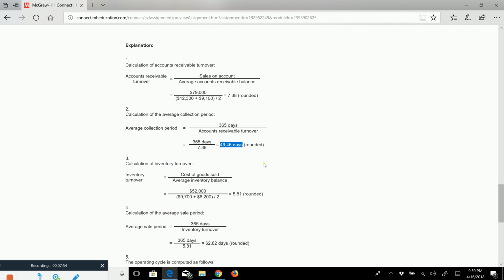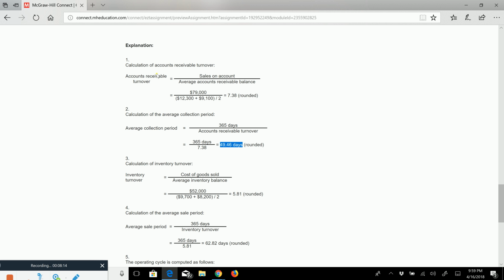Typically what this means is, from when our customer enters into the receivable to when they pay, it takes an average of 49 days for that whole process, from entering into the receivable all the way to collecting it. Okay?